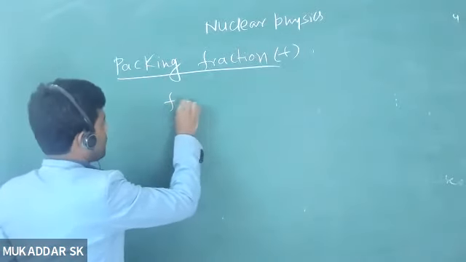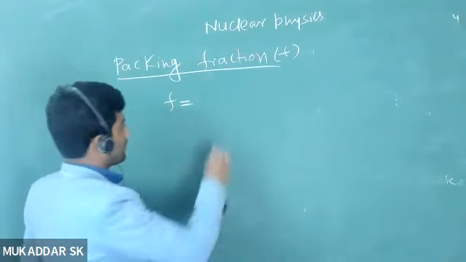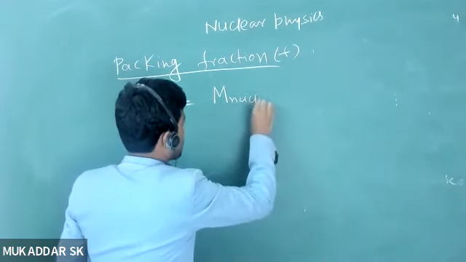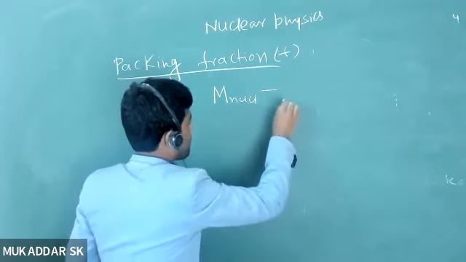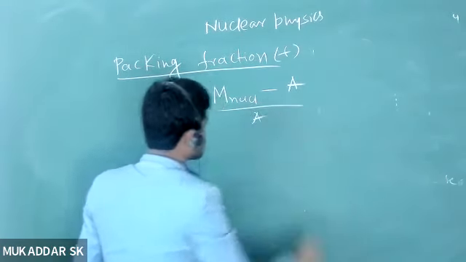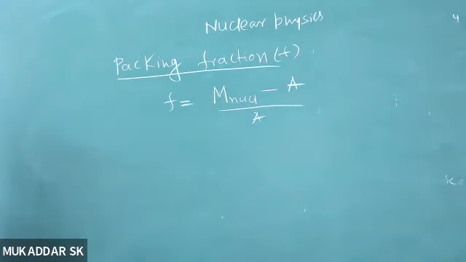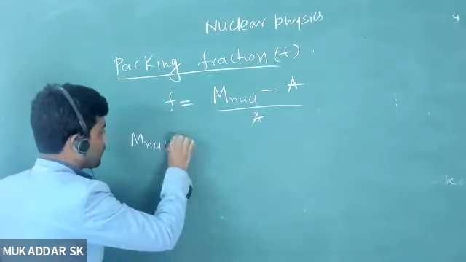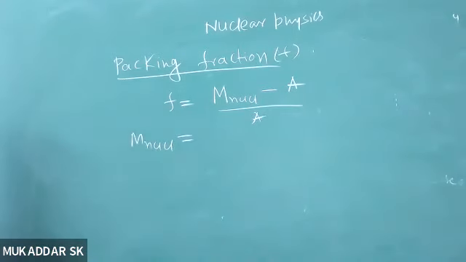And what is F? Nuclear packing fraction, that is defined as actual nuclear mass, M nucl, minus mass number, divided by mass number. So here M nucl is what? क्या है nucl? सर डिवाइड में क्या है A है ना वो?